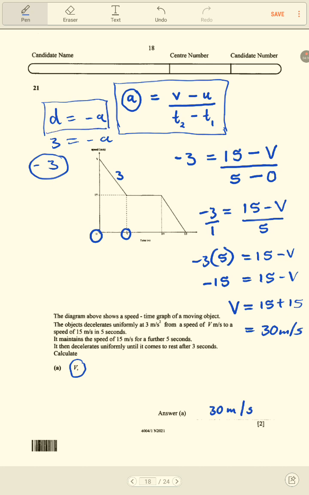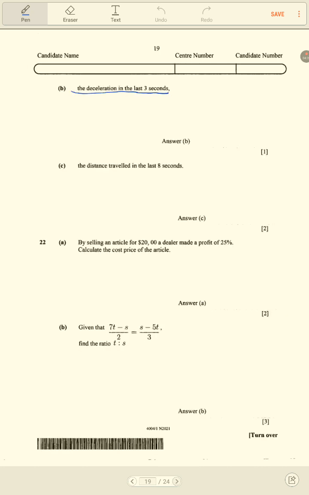So here we are saying our speed is 15, and here our speed is 0, right? So let me just write it down here. We are saying v minus u over change in time is equal to a, right?